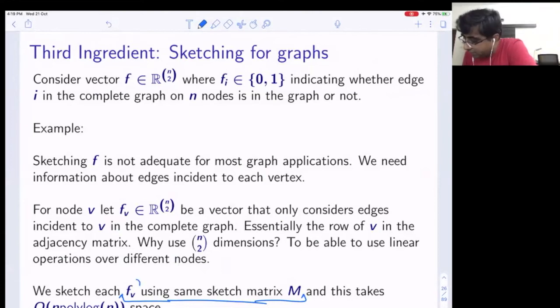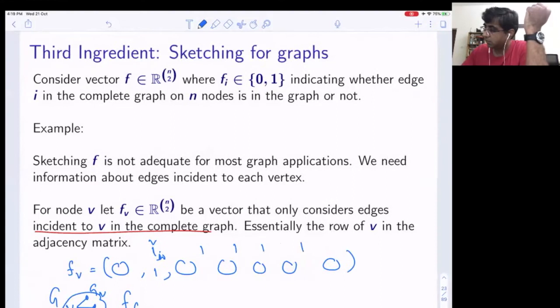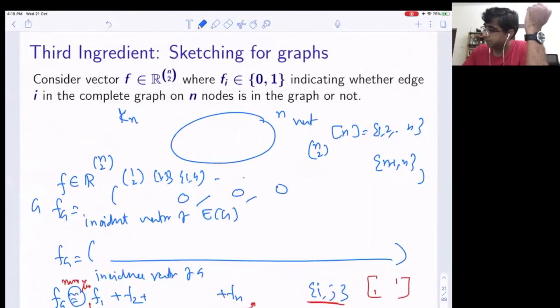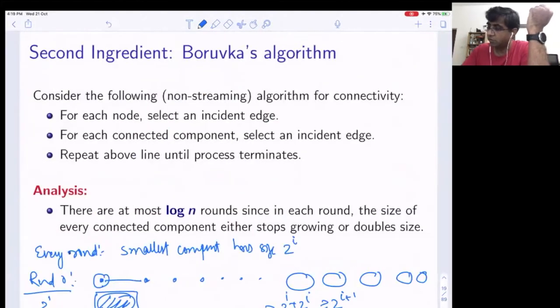Using this vector, I would like to do the following operation. If you recall the algorithm I just told you, for each node we select an incident edge.